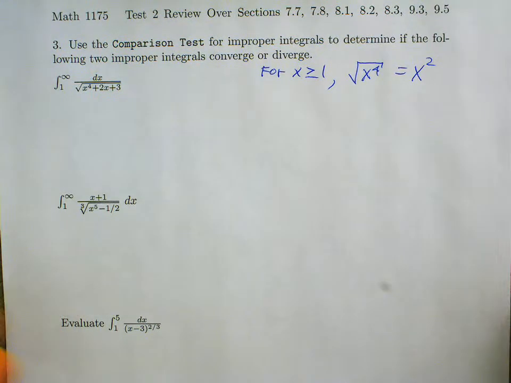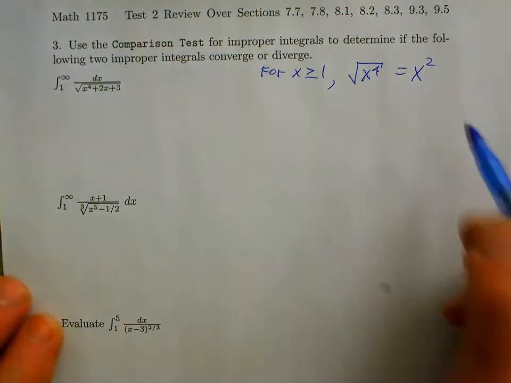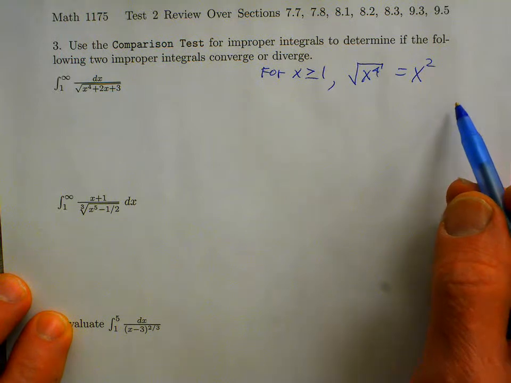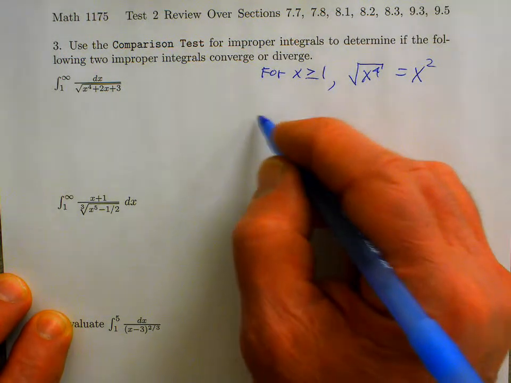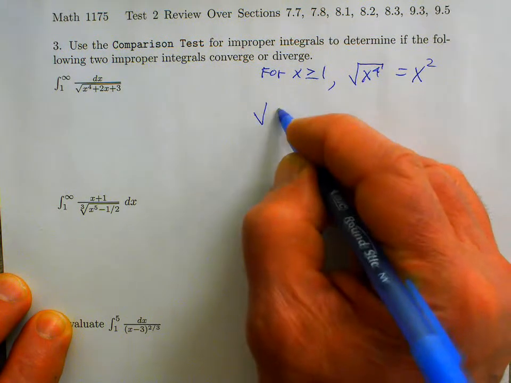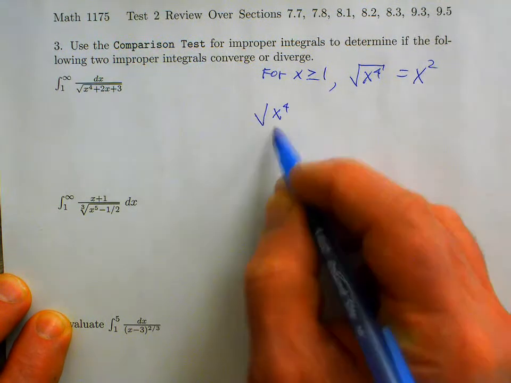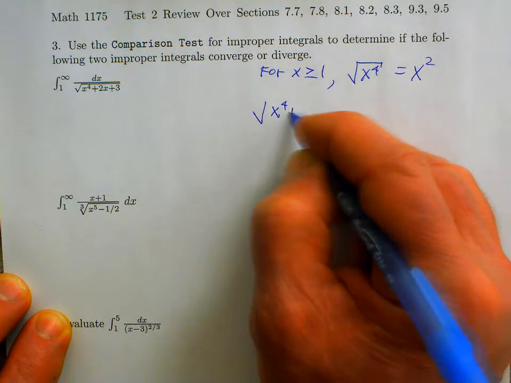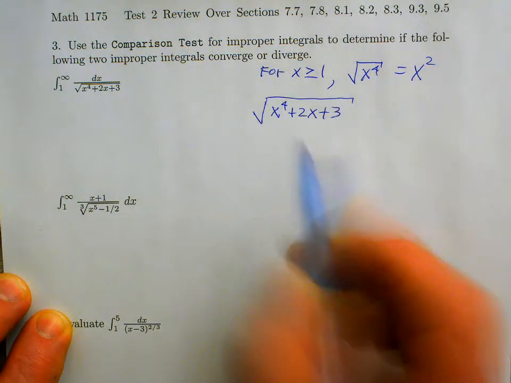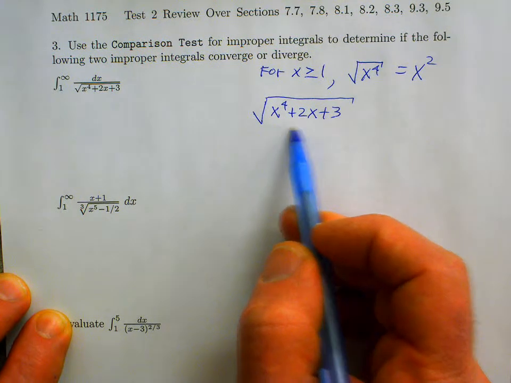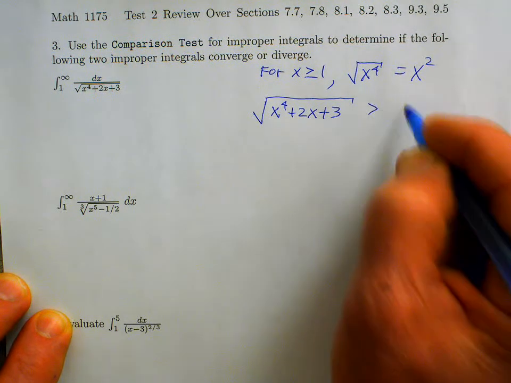You'll agree? Okay, well, if inside the square root I add 2x plus 3, this is a square root of a larger number, that should be greater than x to the 2nd.